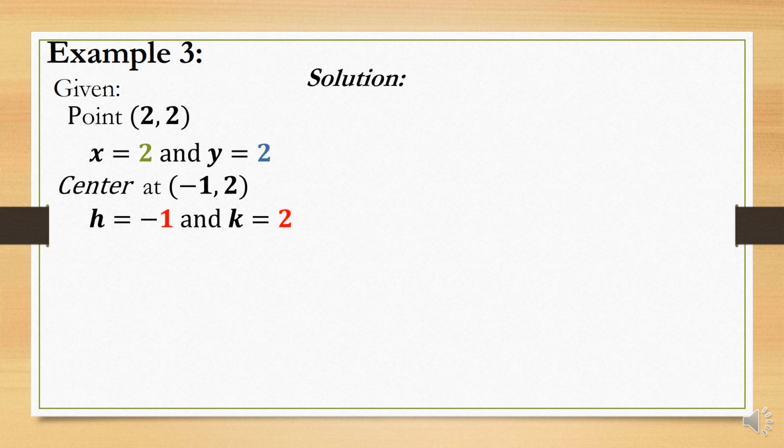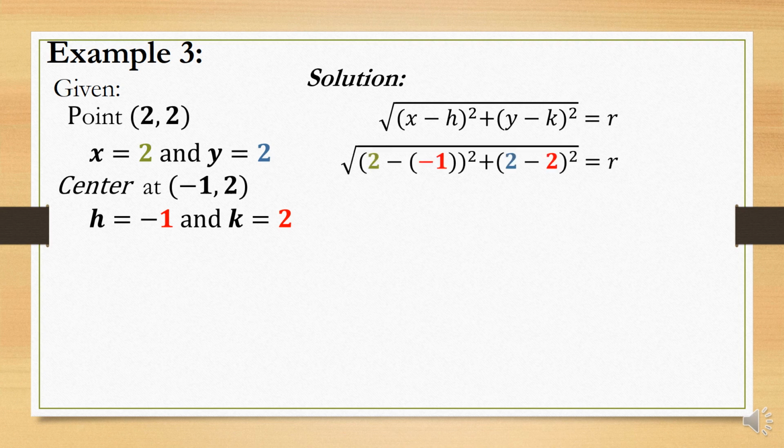Using the radius formula, we substitute the values of x, h, y, and k. By substituting these values, we obtain the square root of the quantity 2 minus -1 squared plus the quantity 2 minus 2 squared is equal to r.